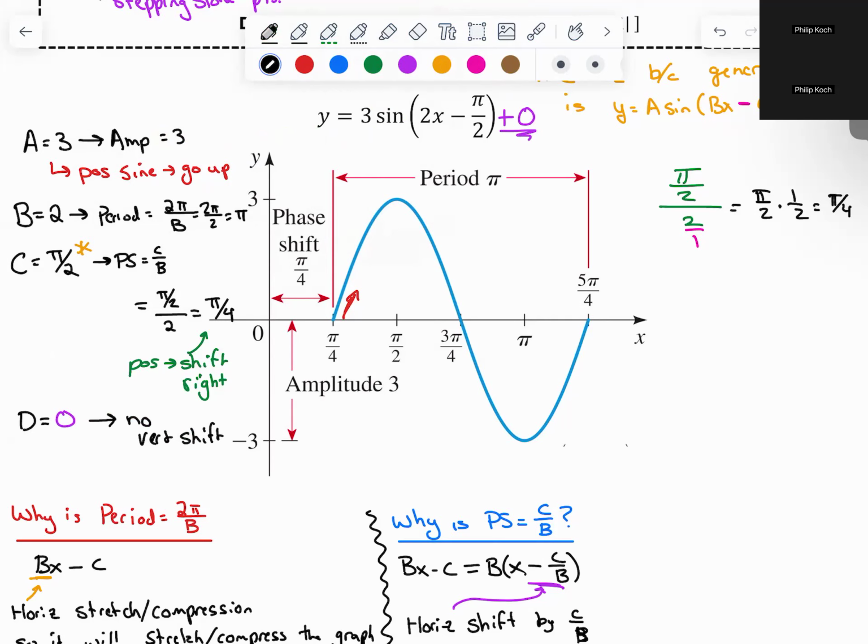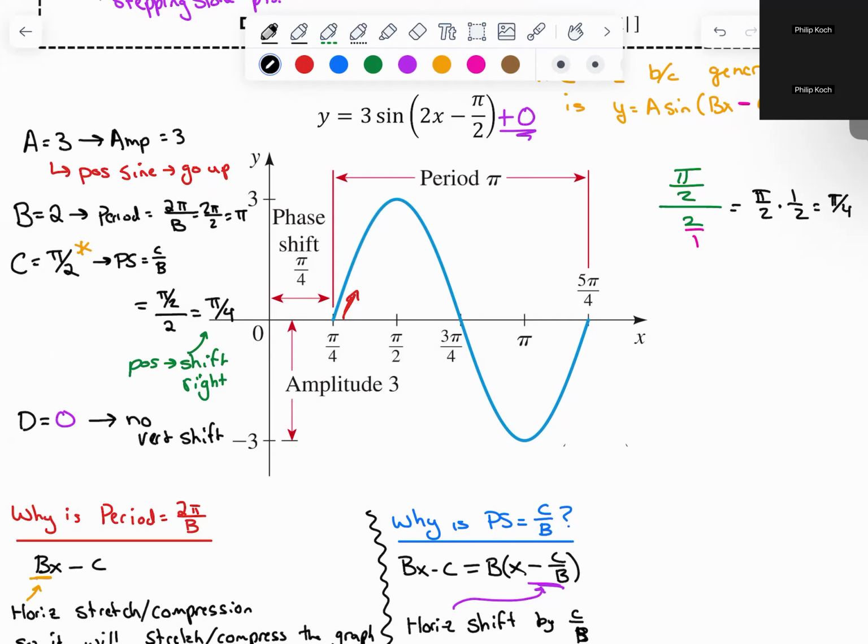On an exam, by the way, you would not need to write all this detail. Write down what makes sense to you, but this is for our note-taking purposes so that when we look back at our notes, we can say, oh, okay, that's right. d equals 0, which means there's no vertical shift. I'm staying right on the x-axis. Okay, any questions so far?